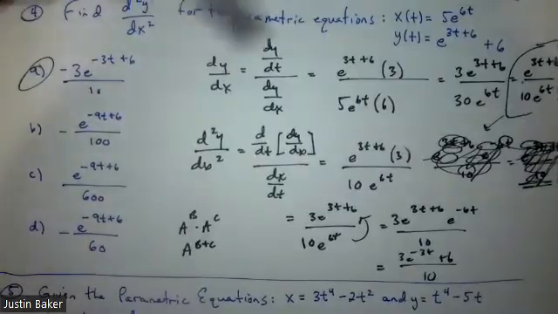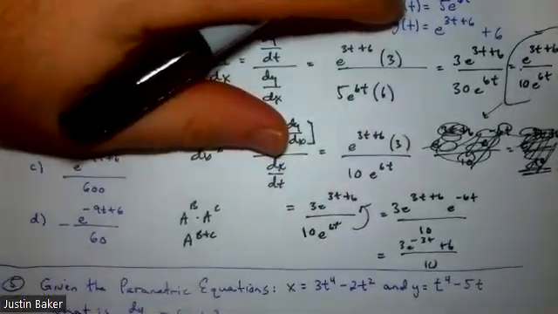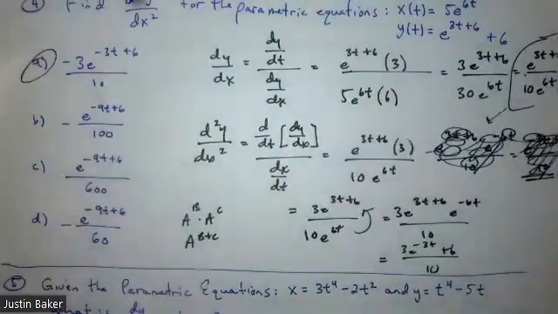Taylor, you said you got choice A. Did you have a negative sign in there? I don't, but I also may have made a mistake. It could be a typo as well, guys. These are hand copied.